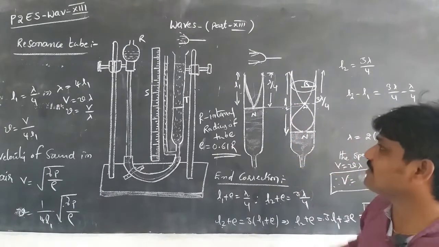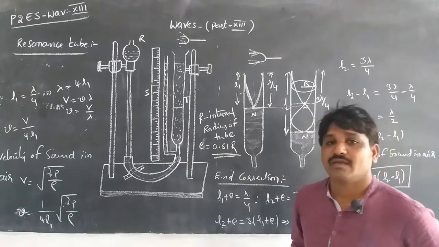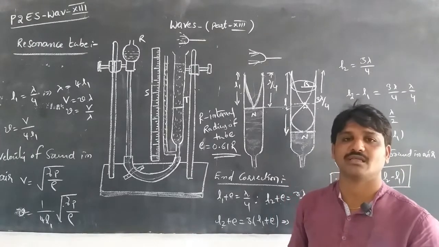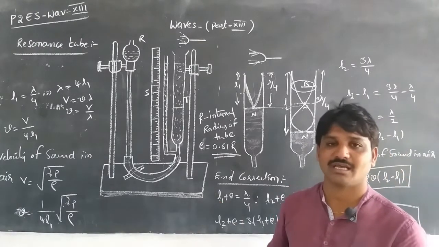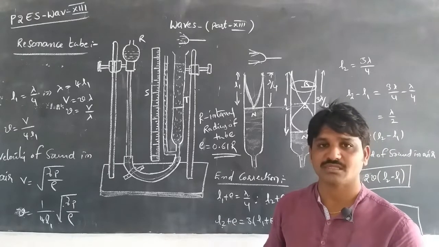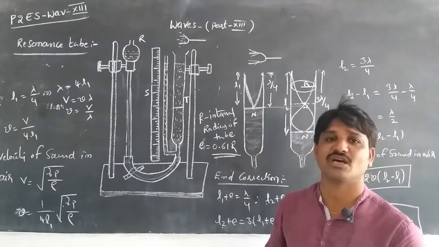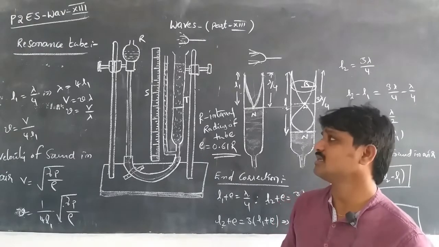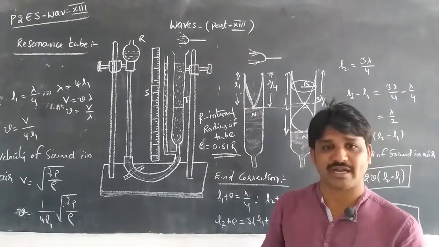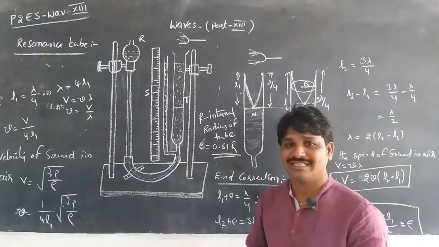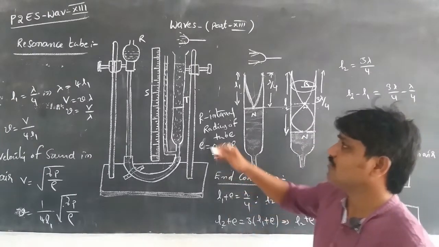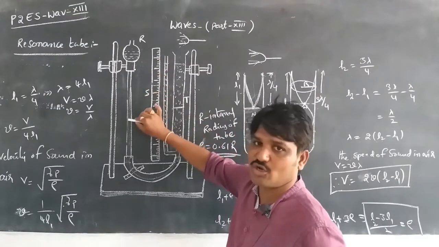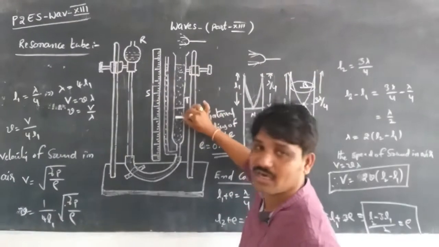We have this experiment in the Board of Intermediate Education in Telangana and Andhra Pradesh, in the second year: the resonance tube to find the velocity of sound using resonance apparatus. We can do it in practicals by moving the water reservoir up and downwards to maintain the water levels.